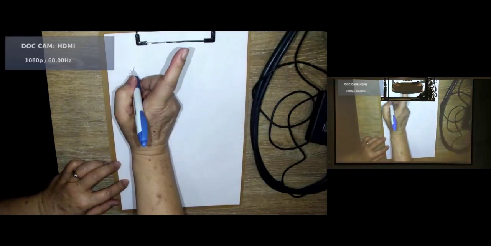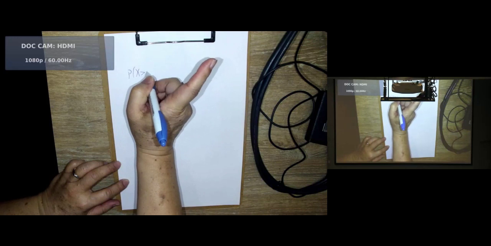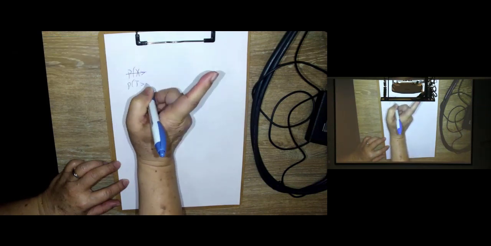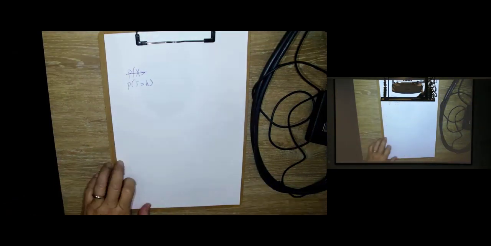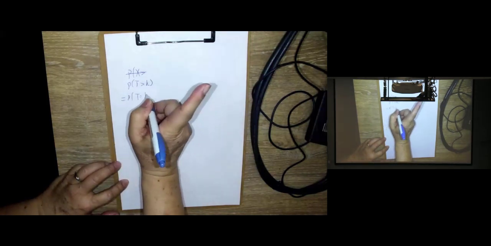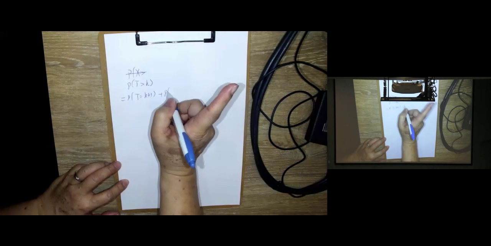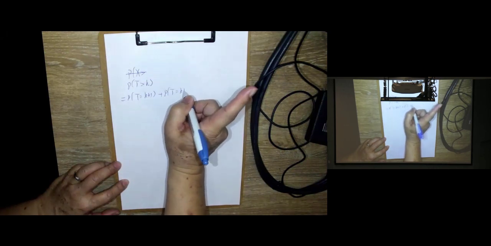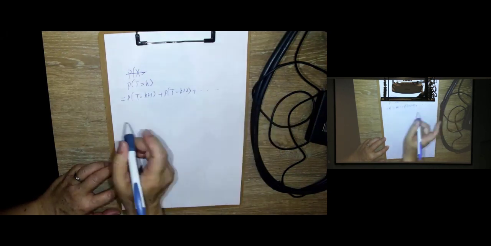So the probability of T bigger than k means this. Instead of a summation sign, maybe I'll just write it in full, right?